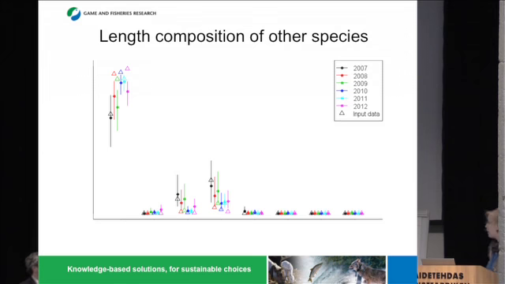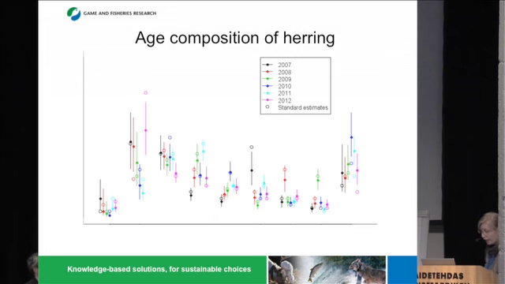And the same takes place for the length composition of other species than herring, that the share of smaller fish seems to be slightly lower, and then again share of bigger fish slightly higher. And also the age composition estimates of herring, they fit quite similarly as the standard estimates.